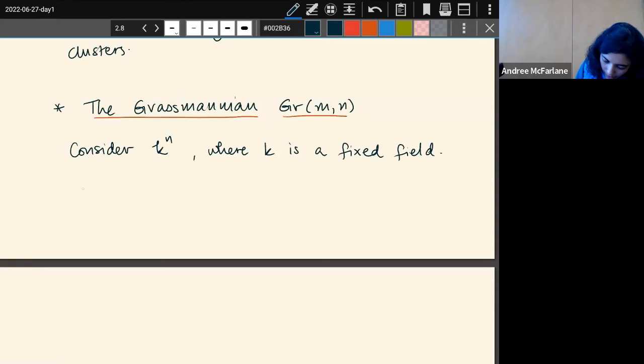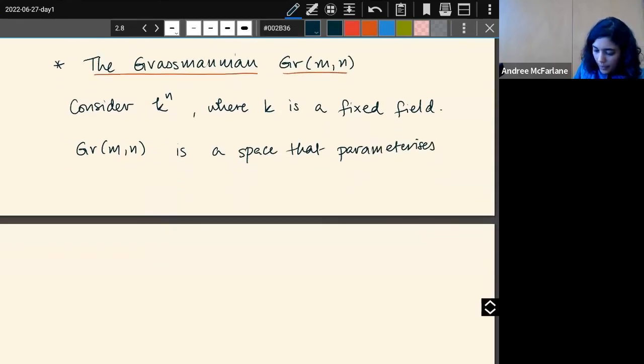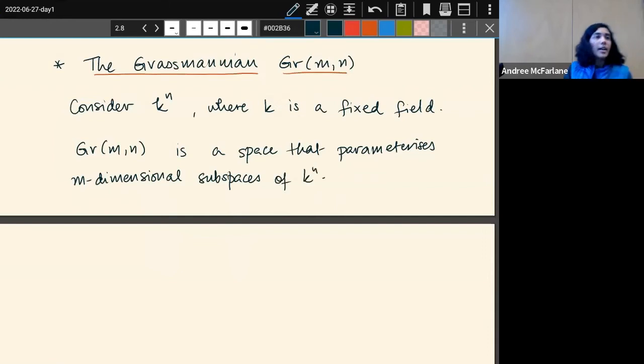The Grassmannian is a space that parameterizes m-dimensional subspaces of k to the n.